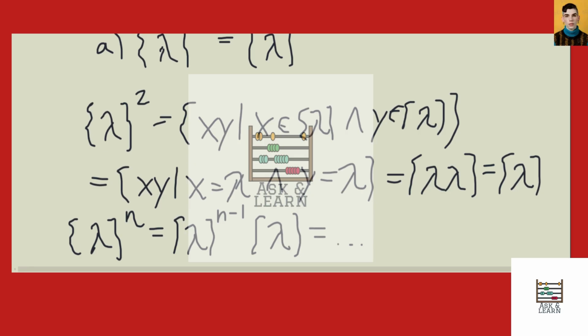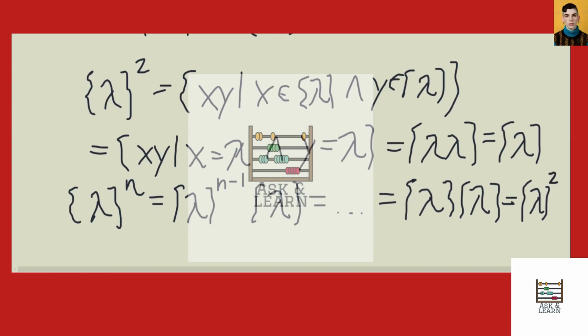And we can continue this all the way until we get down to the set containing the empty string times the set containing the empty string, which is the set containing the empty string squared, which we showed already is the set containing the empty string, as long as n is greater than or equal to 2.